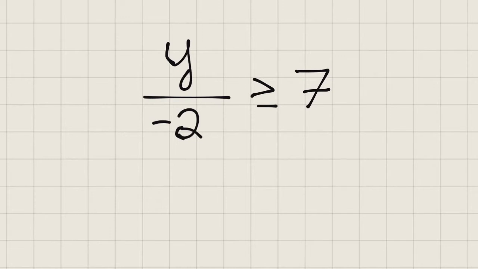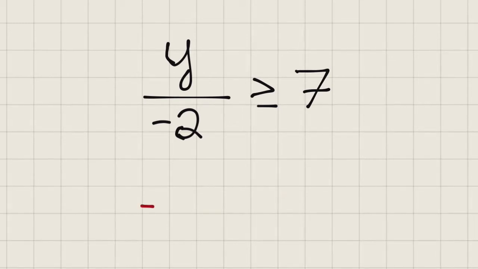First of all, before we even solve it, can someone give me a number that would make this statement true? What could you put in place of y so that this statement is a true statement? Reese? -14 would be a good choice. Yep. And then let's look at that for just a second.